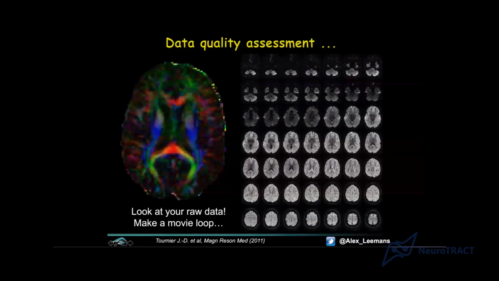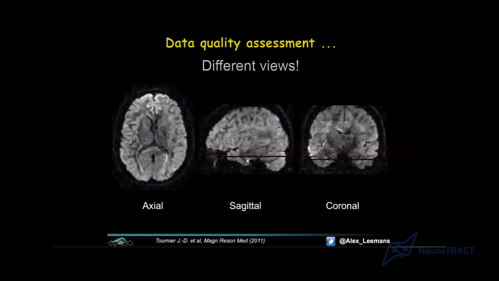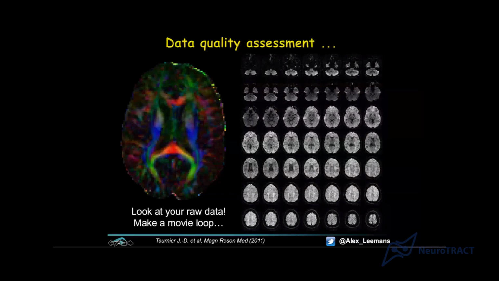If you don't correct for that, you'll get an image which looks like that on the left. If you do correct for it, and we'll come back to that later, then you can mitigate this aspect. So a trick in terms of data quality assessment is to look at your data as a movie loop, because you'll easily spot gross artifacts or complications like this. But the good news is we can correct for that, okay?